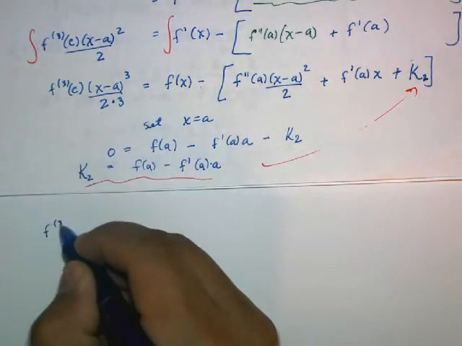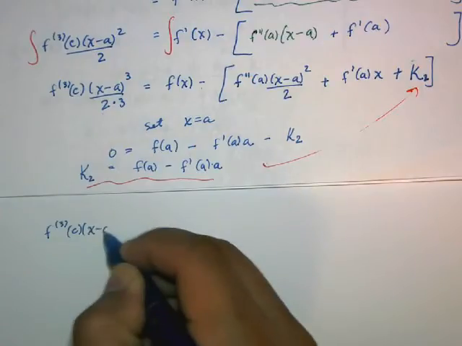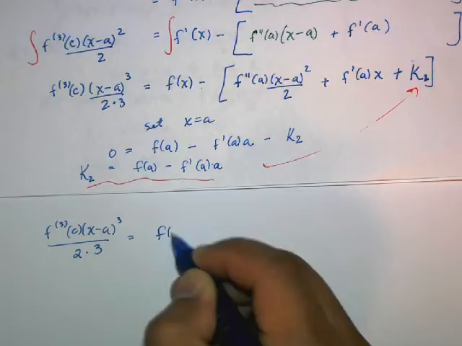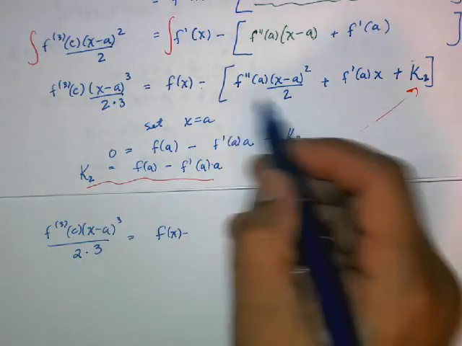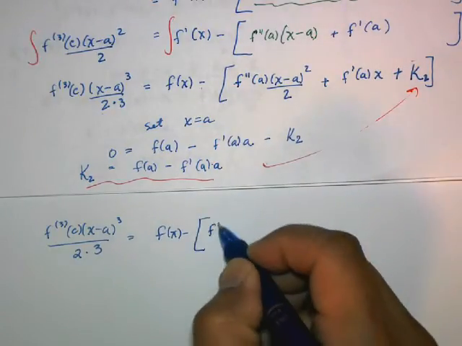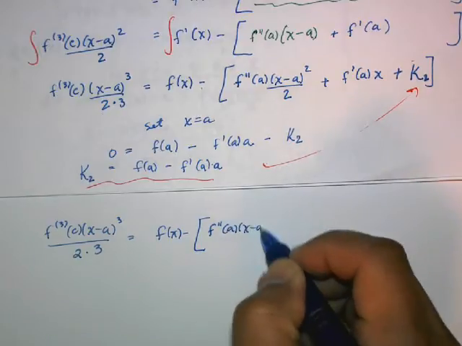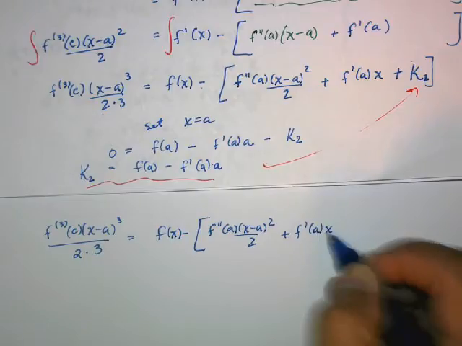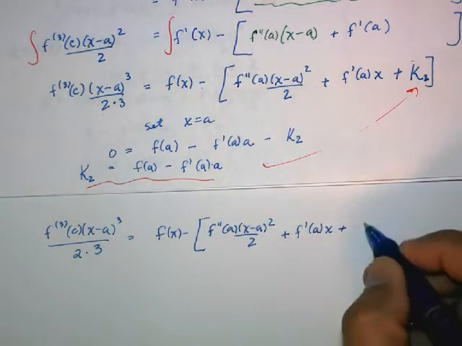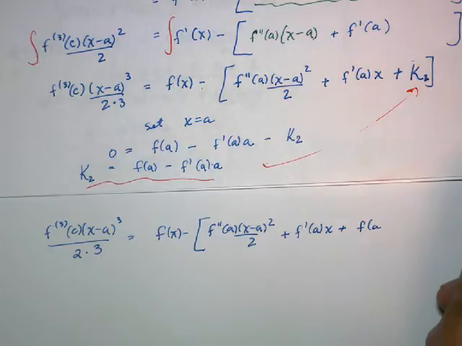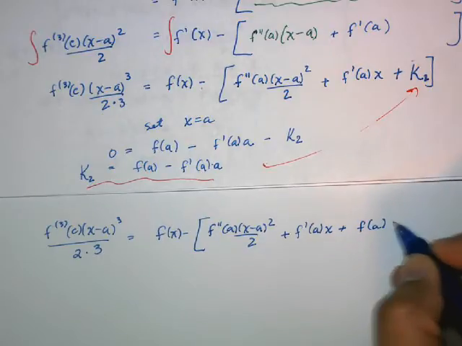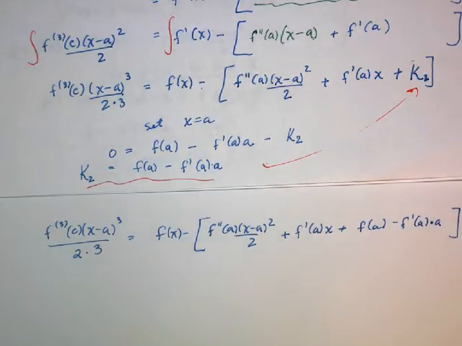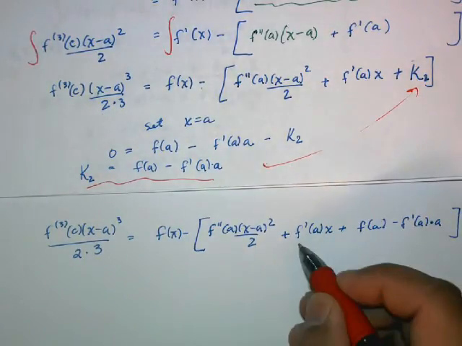Okay, so taking this whole equation up here, f, the third derivative at c of x minus a to the third power over 2 times 3 is equal to f of x minus, what's in here? f double prime of a times x minus a squared all over 2 plus f prime of a at x plus k2, which is f of a minus f prime of a times a. All of that in parentheses.